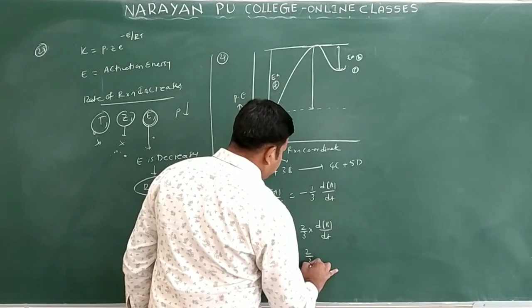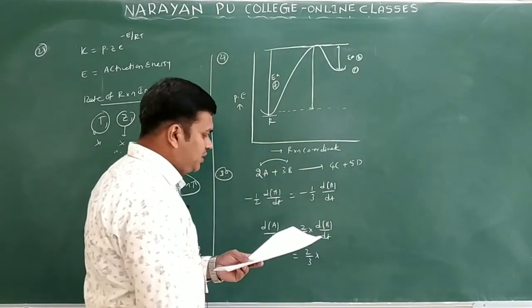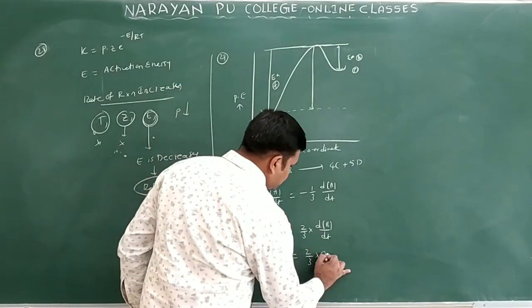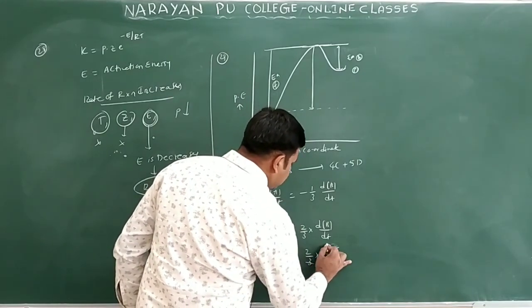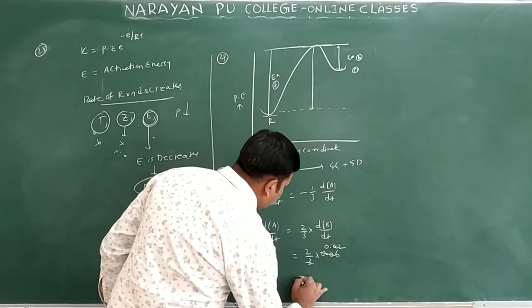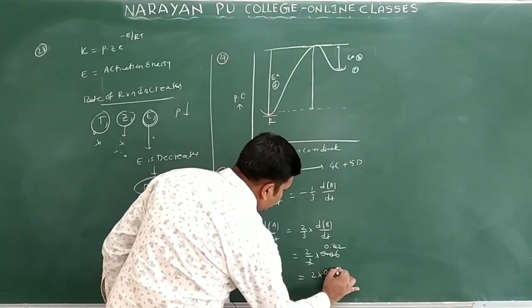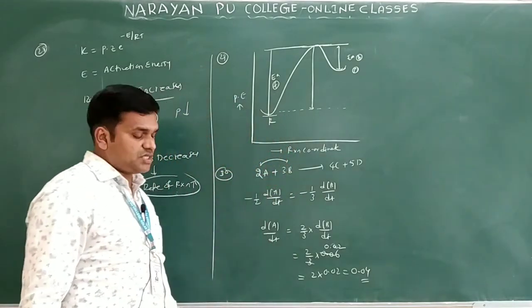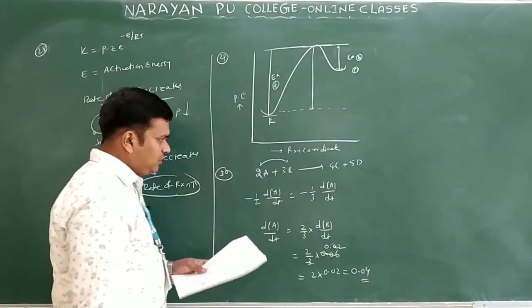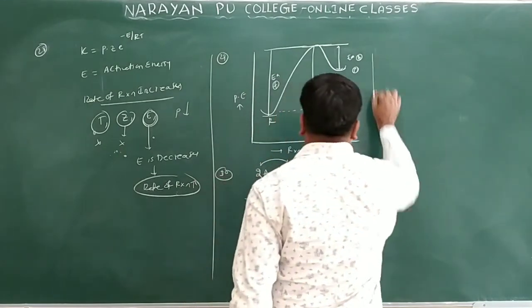What is d[B]/dt? That is already given, 0.06. The 3 and 2 times cancel here. So what we will get is 0.02, and then 2 into 0.02 gives 0.04. What answer will you take? You will take option 4 for this question.